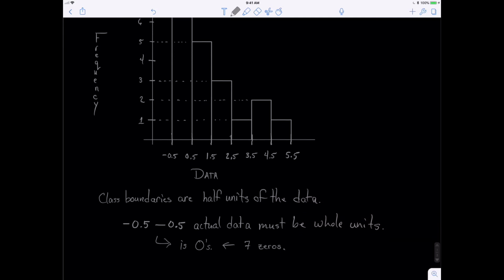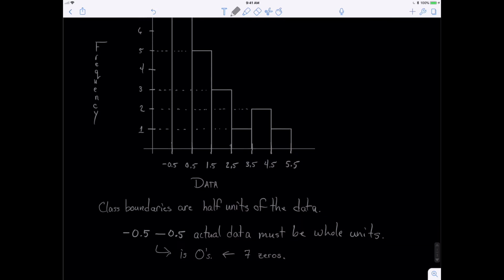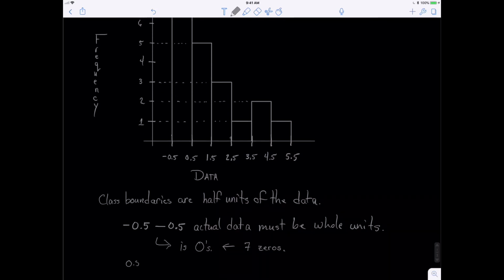All right, let's take a look at the second class. It is from 0.5 through 1.5. The only whole number in between is 1, and according to the frequency, there's 5. So the 1 is repeated 5 times, or you could say that there's 5 ones.